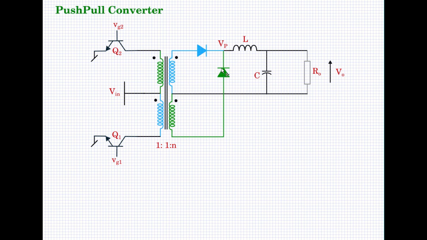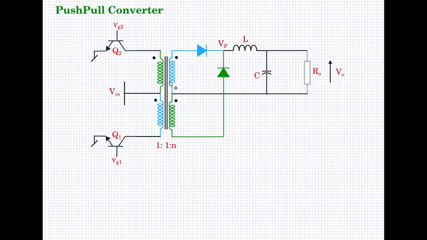push-pull converter will operate. Recognize here this output segment is essentially a buck converter. There are two paths basically happening due to the two primaries and the two secondaries with common buck converter output.